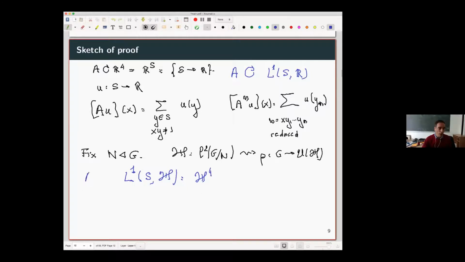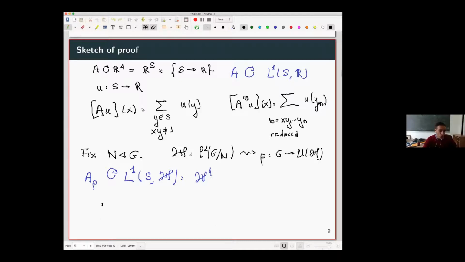And now I will consider a certain new operator, which I write A rho, which will be a bounded operator acting on this space. So it's basically the same kind of operator as A, but there is a twist that will incorporate that representation. This representation rho is exactly the ingredient which allows me to follow the trajectory of my words in the group G mod n.